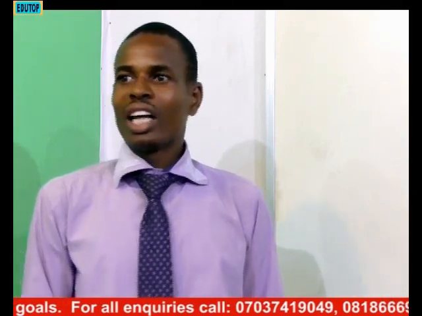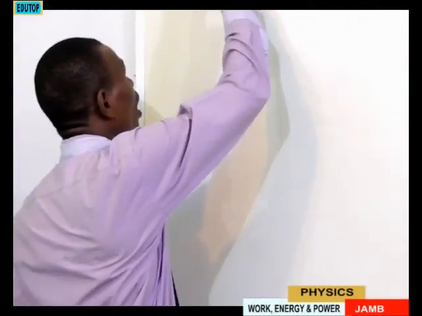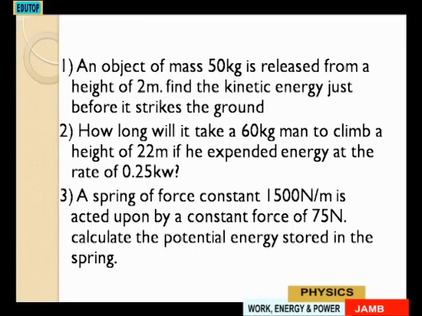We are going to consider the following questions under this topic. Question number 1 says, an object of mass 50 kg is released from a height of 2 meters. Find the kinetic energy just before it strikes the ground.